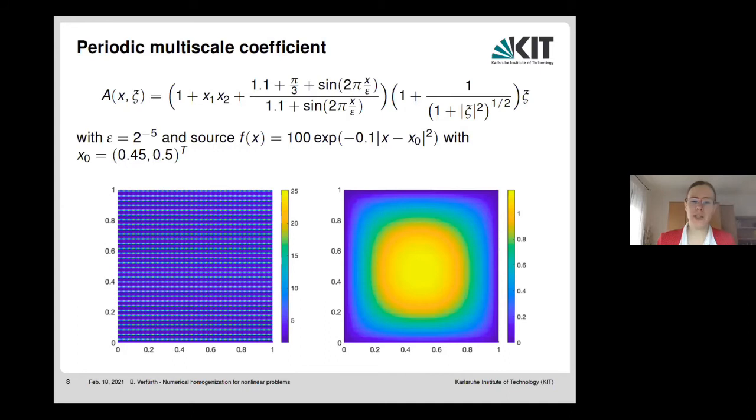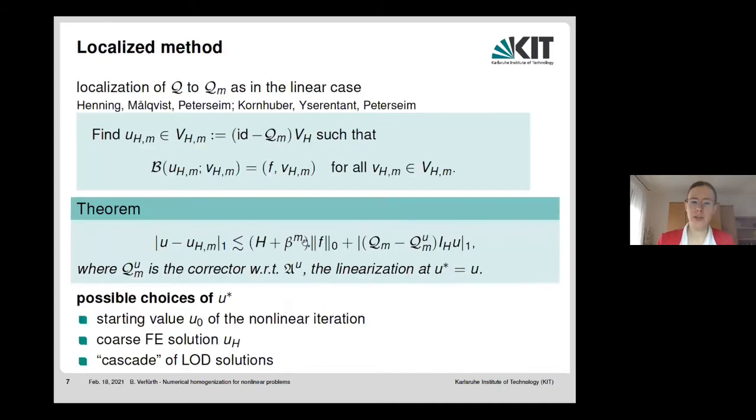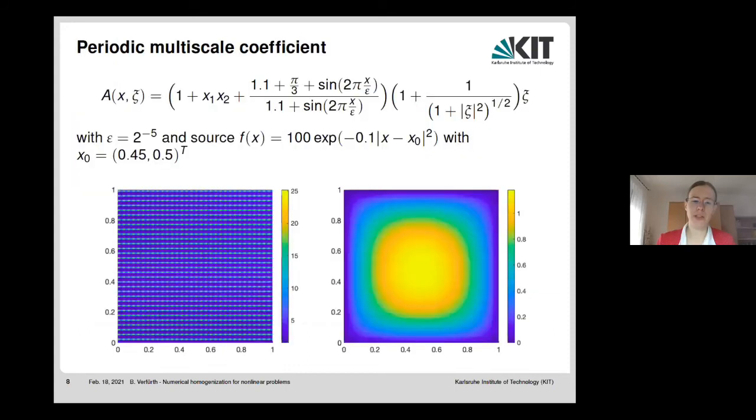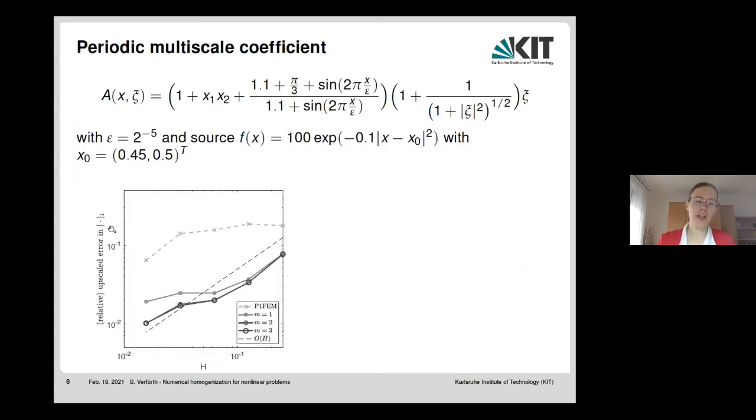And so first, let me look at the theorem, without considering different linearizations of U star, but concentrating on this first part, on the convergence in the mesh size and the oversampling parameter. So you see here the relative errors in the H1 semi-norm for different choices of m, and then here on the x-axis, reading from right to left, with decreasing mesh size.